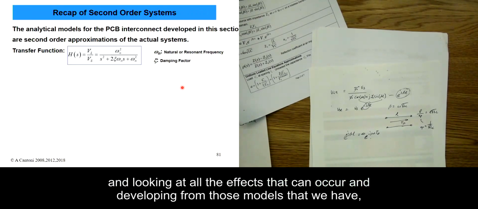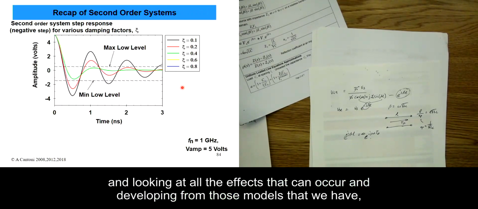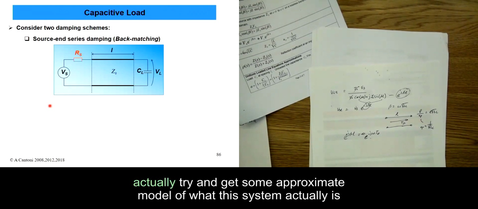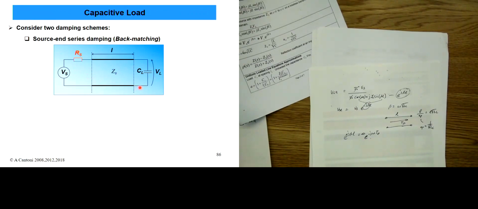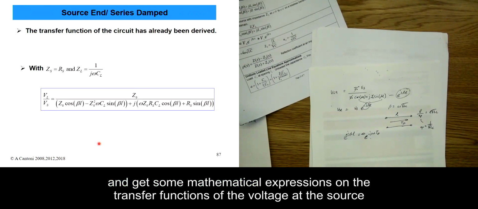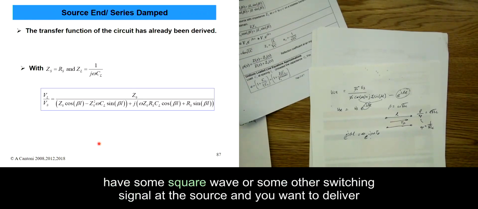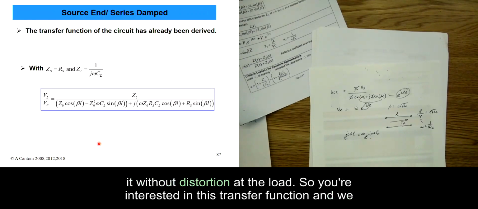From the frequency domain and Laplace two-port models, we try to get an approximate model of what this system actually is, and get some mathematical expressions for the transfer function from the voltage at the source to the voltage at the load. In these systems you probably have a square wave or some other switching signal at the source, and you want to deliver it without distortion at the load.